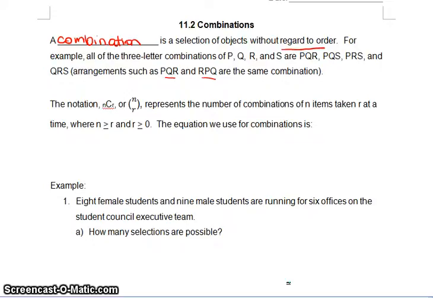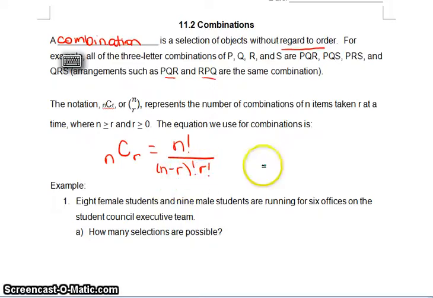The equation we use for combinations, nCr, is equal to N factorial divided by N minus R factorial. If you notice, this part here is a permutation, but what makes it different is that we also add this R factorial at the bottom.